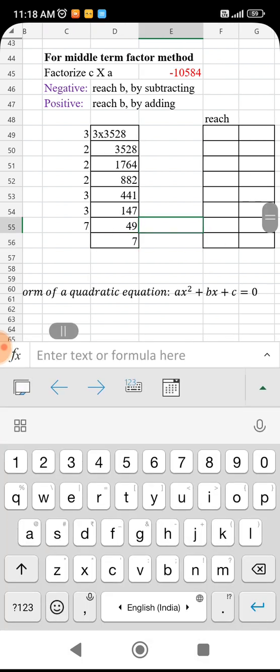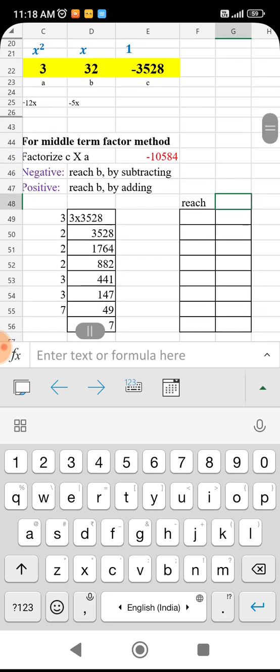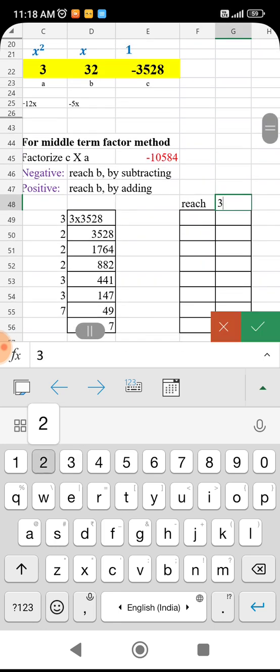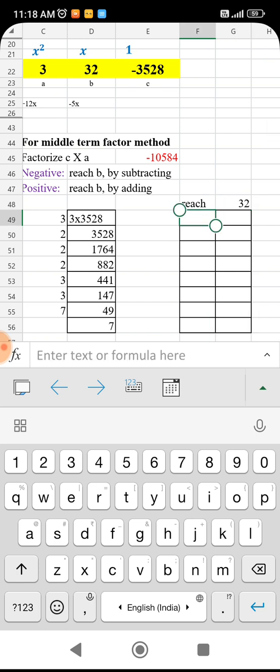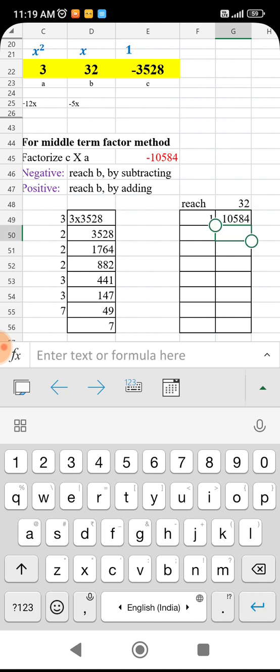Now we have to reach the value of B. B is 32, so we have to reach 32. The first term is 1 into this, so that means 1058 4.